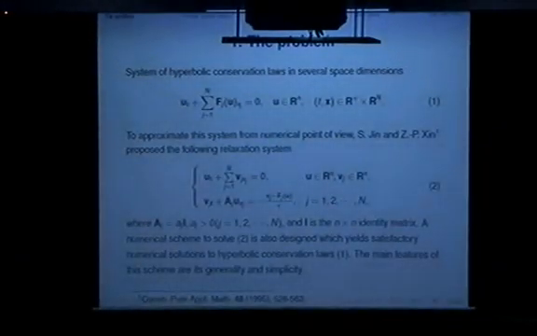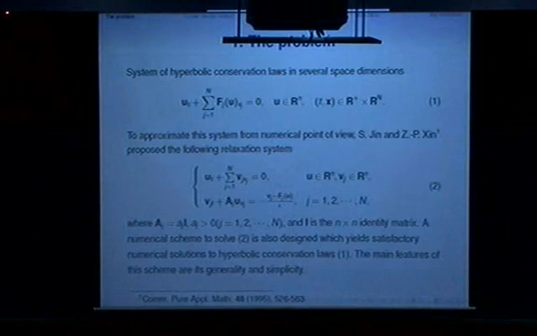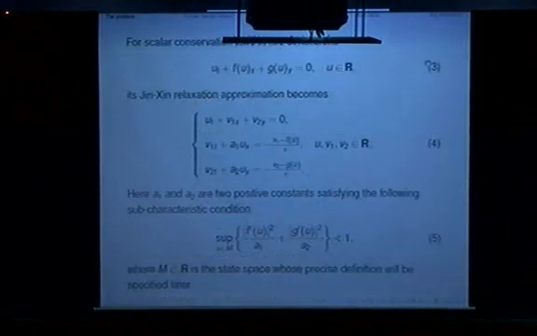When the underlying system of conservation laws is a scalar equation, for example, scalar conservation laws in 2 space dimensions, where U, F, and G are scalar functions, the corresponding Jin-Xin relaxation scheme has this form.